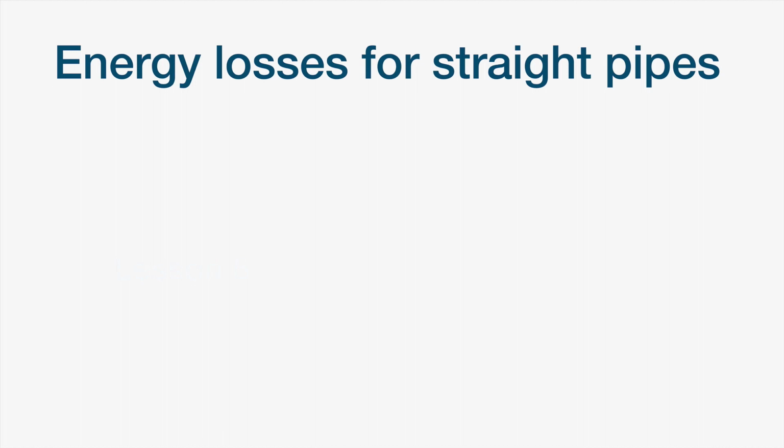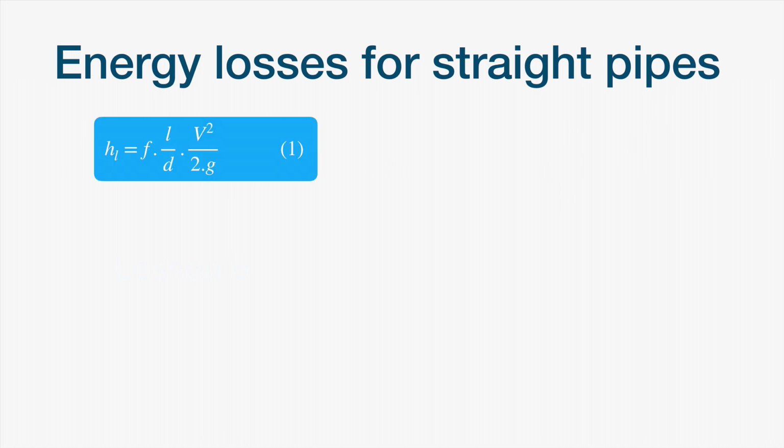First, energy losses for straight pipes. Let's analyze first the straight pipes. The formula for calculation of this is the one that you are seeing on your screen. HL is equal to f multiplied by the length divided by diameter, multiplied by the kinetic energy we have seen already before, expressed as energy per unit of weight.